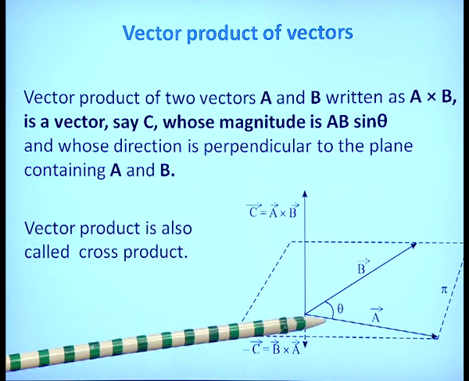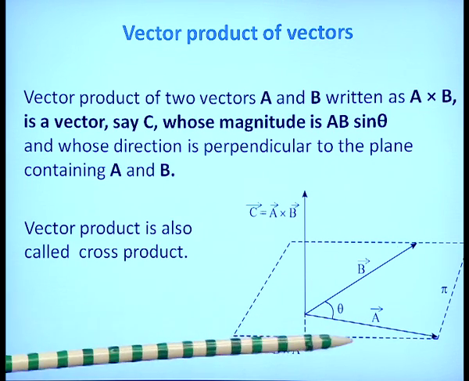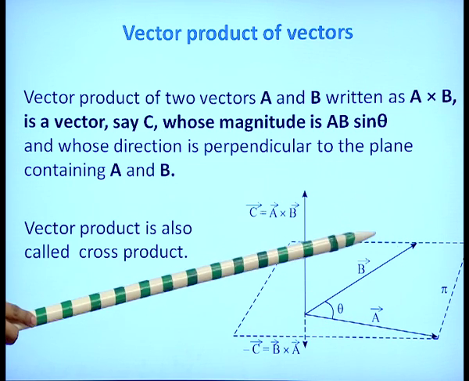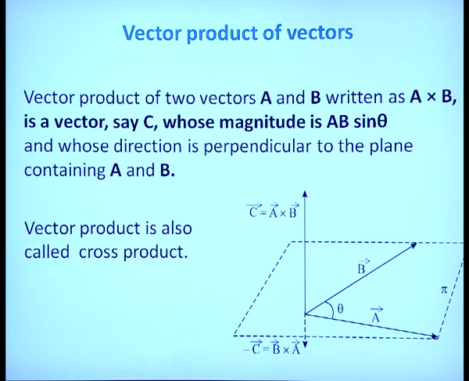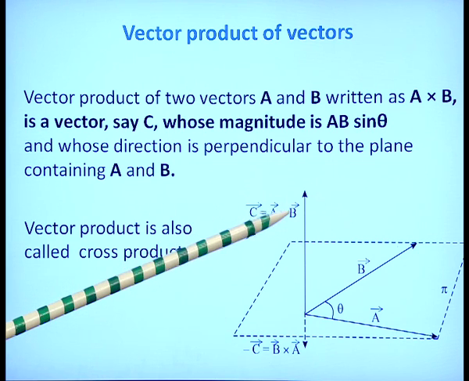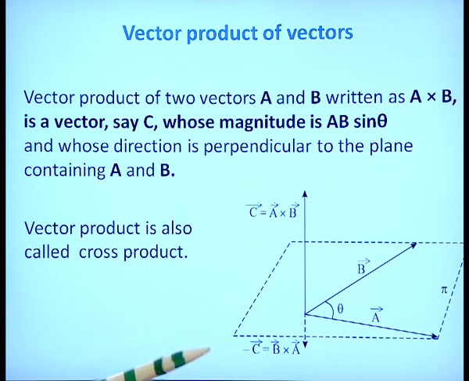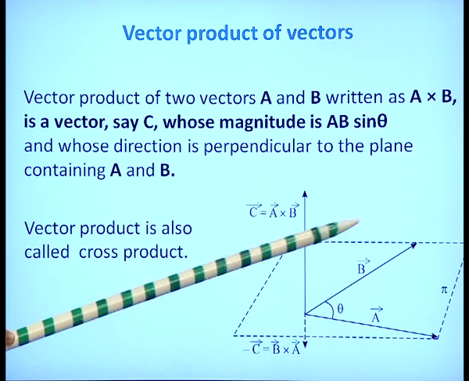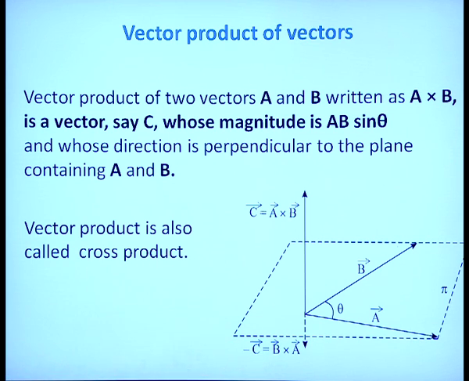Here, if we are taking A cross B, then A to B is in anti-clockwise direction. If we curl our fingers from A to B in anti-clockwise direction, then the direction of the thumb will be upward. So, the direction of vector C will be upward. But in case of B cross A, it will be in clockwise direction.